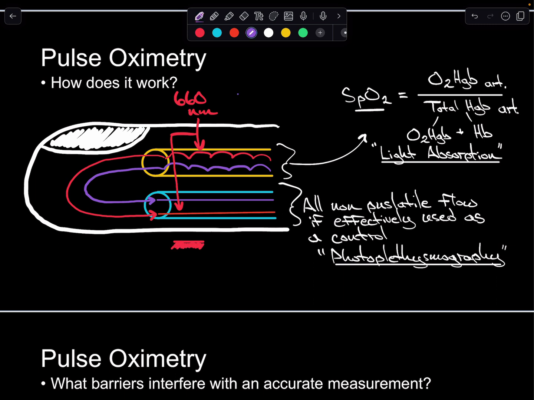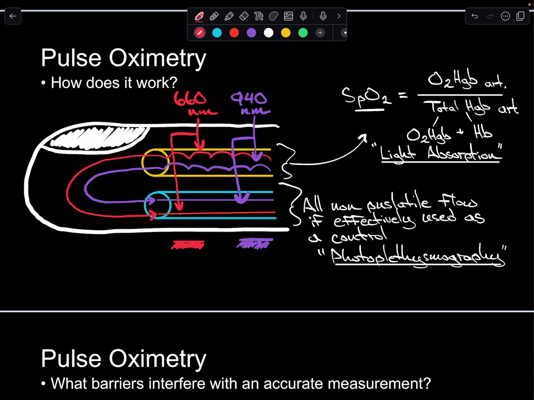And then you also have a light bulb that emits light at 940 nanometers, and it fires that down through the finger, and then it's detected on the bottom of the pulse oximeter. So it uses this to determine the percent of oxygen that's saturated with hemoglobin.